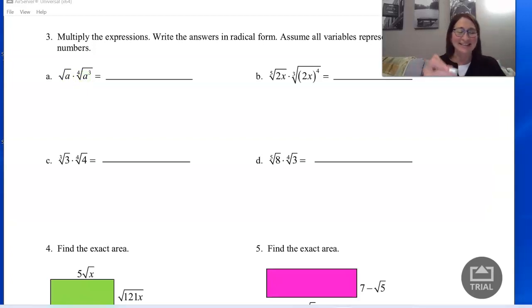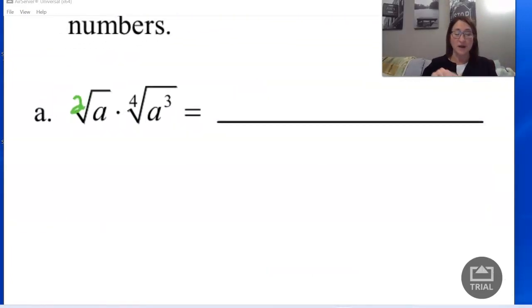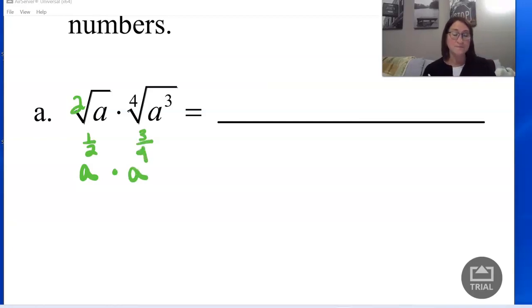I am going to convert to fractional exponents. So our index for that first radical is a 2. So this is going to be a to the 1/2 times a to the 3/4.